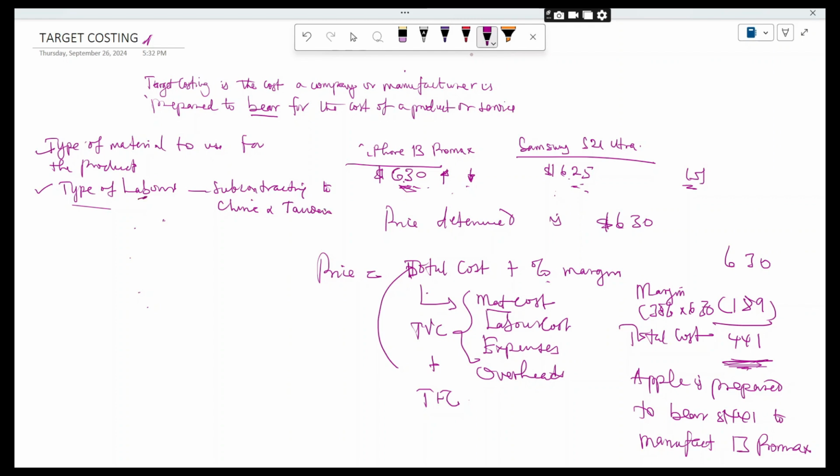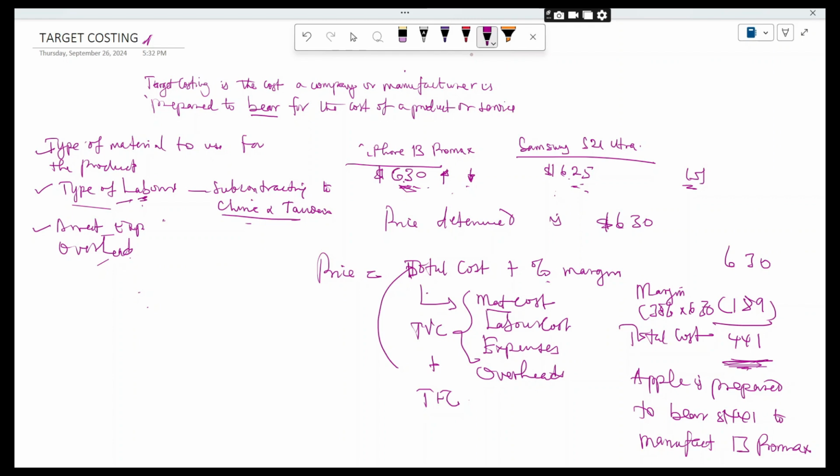Because the cost of labor is expensive in the US. And so if the cost is very expensive, they will consider subcontracting in order to reduce the labor cost. Then they are going to look at the direct expenses and the overheads. So if they subcontract all of this, then the labor cost, direct expenses and overheads will be curtailed.